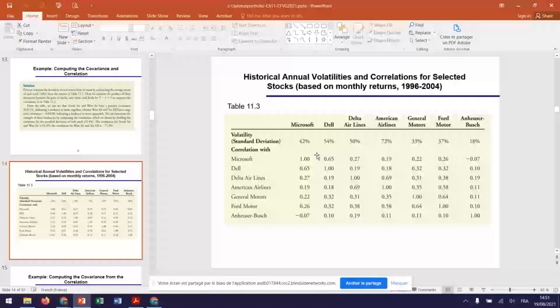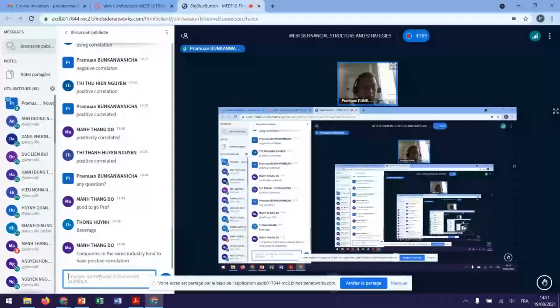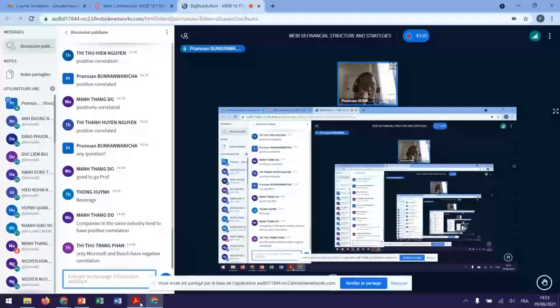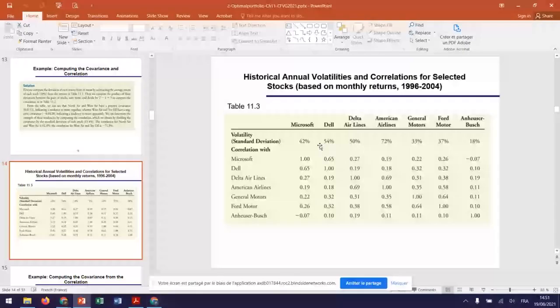When you are the top CEO, you should be able to observe quickly. Companies in the same industry tend to have positive correlation. Very good.